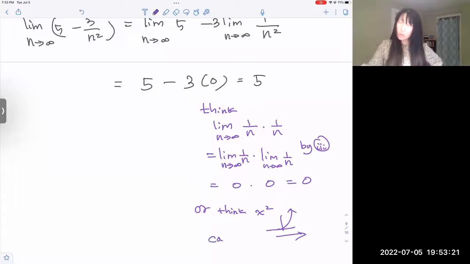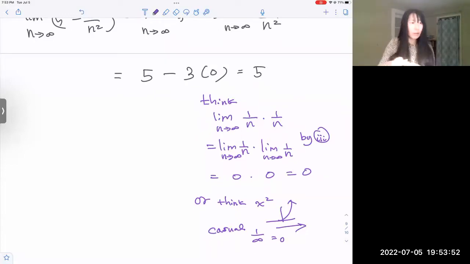So we do not usually include this one as a step. Casually, we say that 1 over infinity, what do you get? It's 0, right? That's how we learned from calculus. Okay, 1 over infinity. So 1 divided by a huge number, millions, then 0.000001, right? Okay.